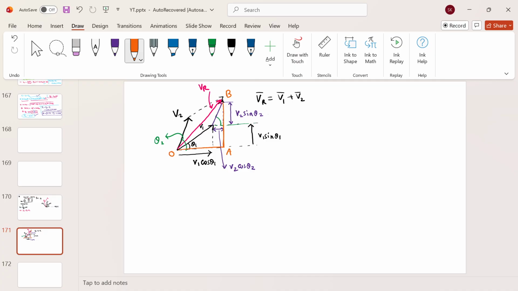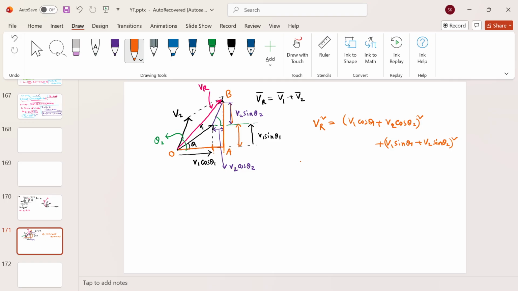So you can write VR square is equal to this component, which is V1 cos theta 1 plus this particular length, V2 cos theta 2, whole square, plus this length is V1 sin theta 1, and this length is basically V2 sin theta 2, whole square. So this is your magnitude length.